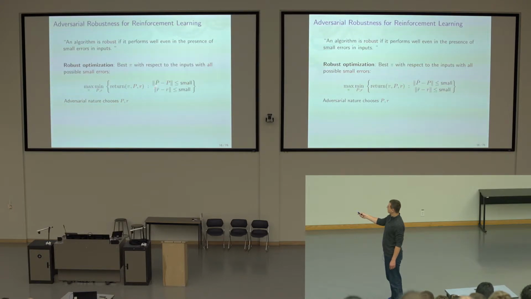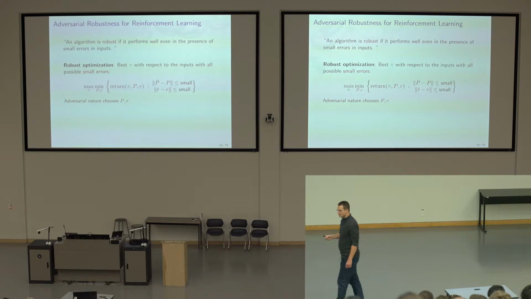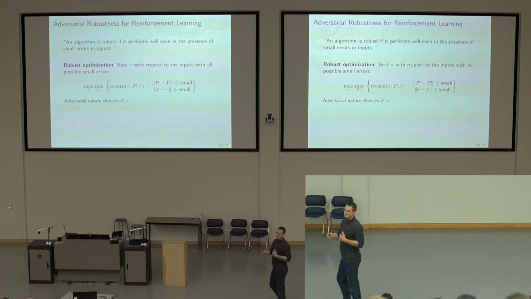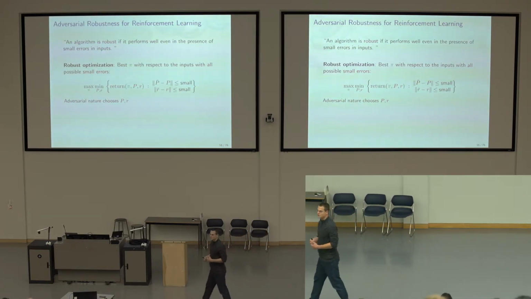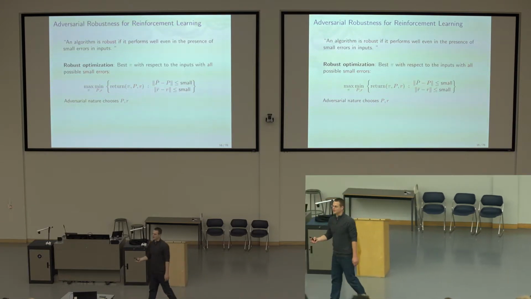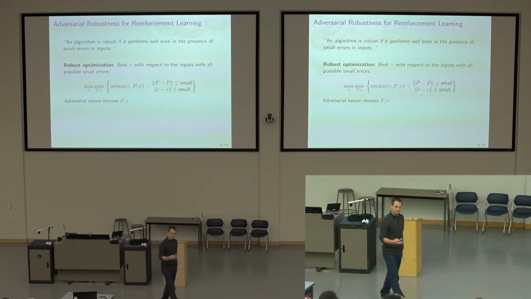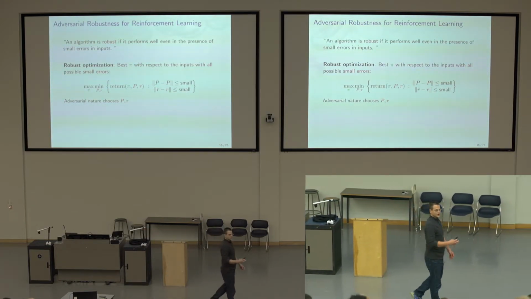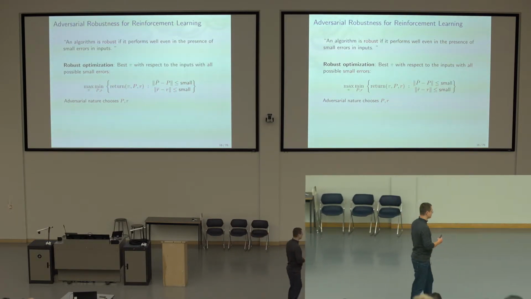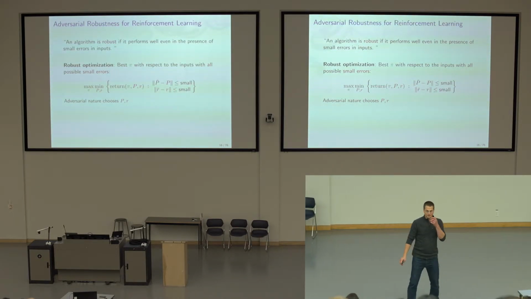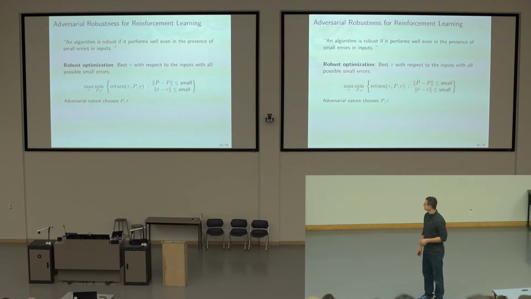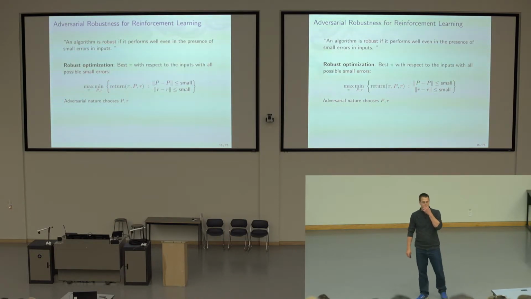The difference between the nominal rewards and the actual rewards is small. So think of it as an adversarial game against nature. You're trying to optimize, you're trying to maximize. There is this nature which is playing against you. It's trying to get you rewards that are really small. Any questions about this?